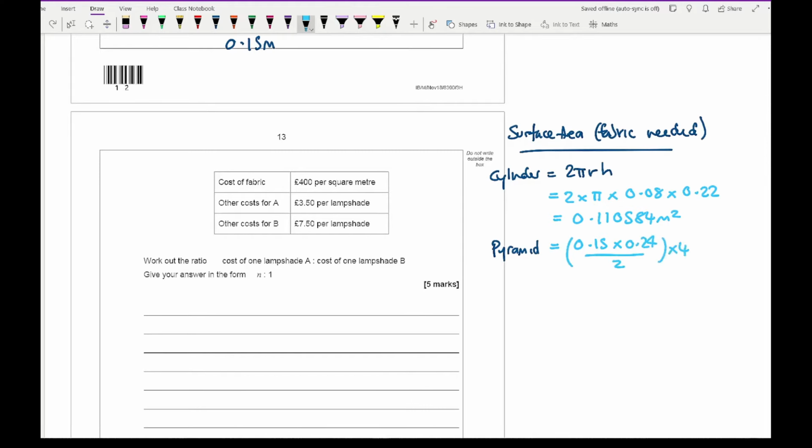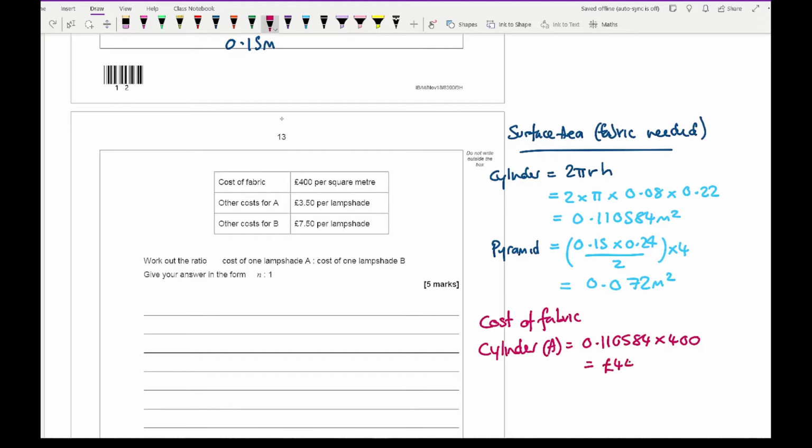You need to multiply that by 4 because I've got 4 triangles, and that gives me a total area of 0.144. The next thing I then need to do is work out the cost of the fabric. So for the cylinder, for A, it's going to be 0.11058 times 400 pounds per square meter, and that gives me a total cost of £44.20.